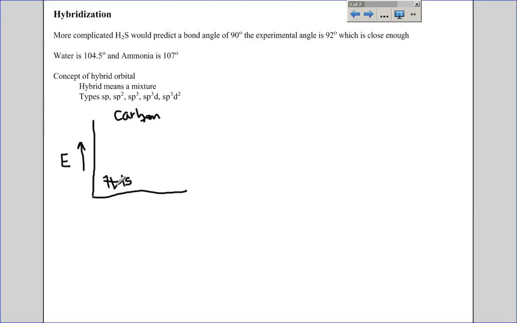Carbon's energy diagram looks like this. Carbon has a total of 6 electrons. So it's got 2 in the 1s, 2 in the 2s, and 2 in the 2p. When we look at this energy diagram, we can see that at the moment, carbon is prepared to form 2 bonds. It's got 2 orbitals holding 1 electron that is available for overlap with another orbital.